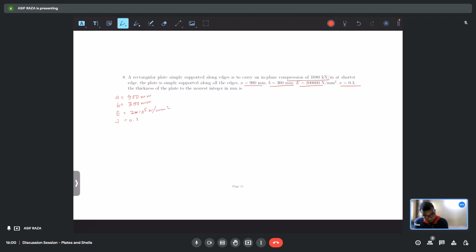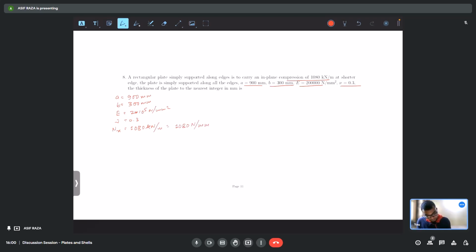Okay, in-plane compression, so that is Nx equal to 1080 kilonewton per meter. So this is equal to 1080 Newton per mm.